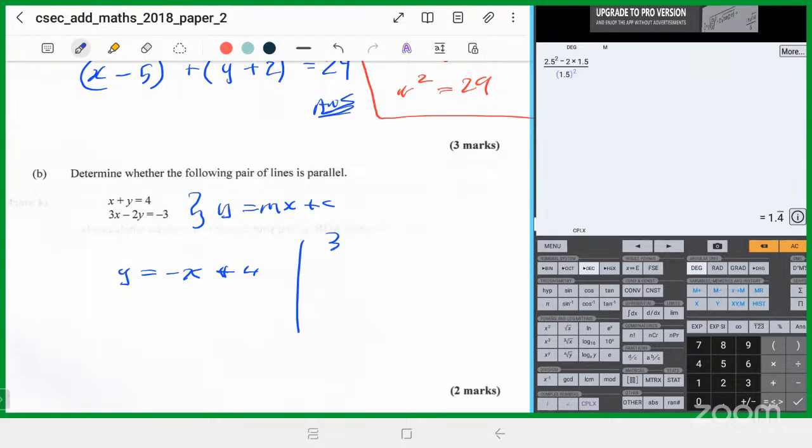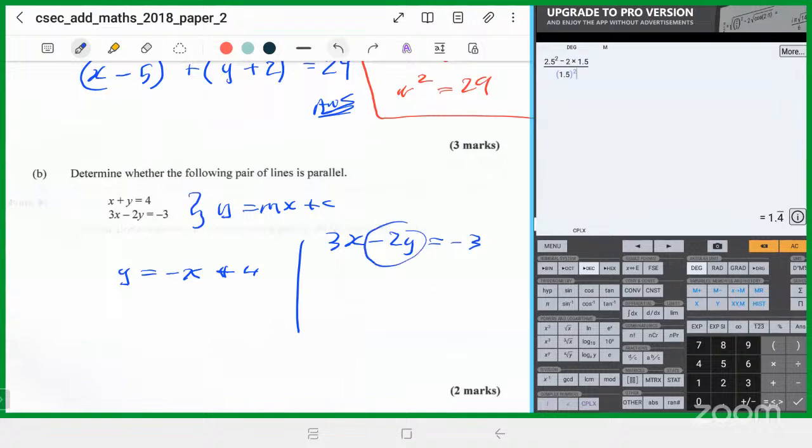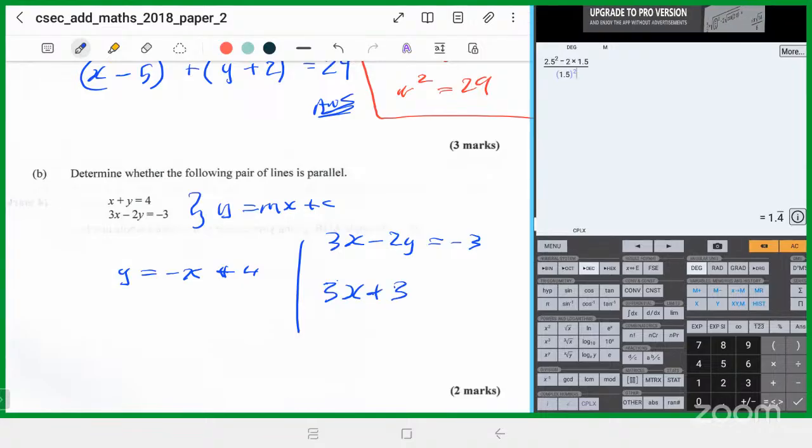We have 3x minus 2y equals -3. You can take this 2y over here and make it the subject, and take this 3 over here. So when this 3 comes out, it becomes a plus 3, and this 2y goes over, it becomes a plus 2y.